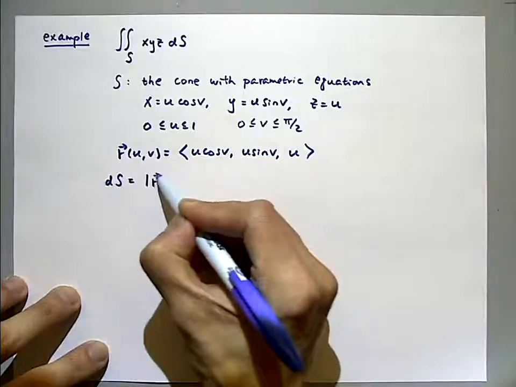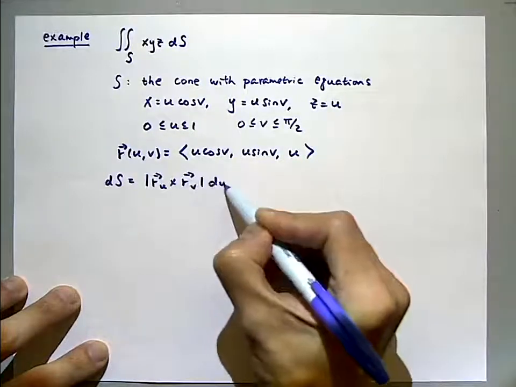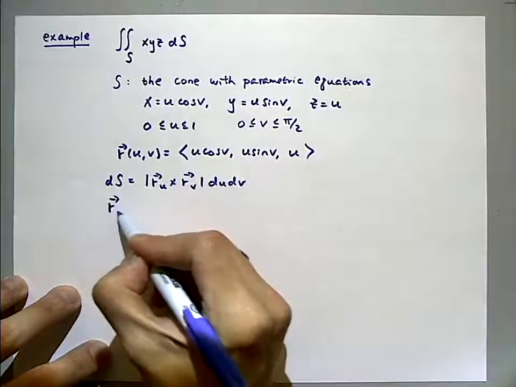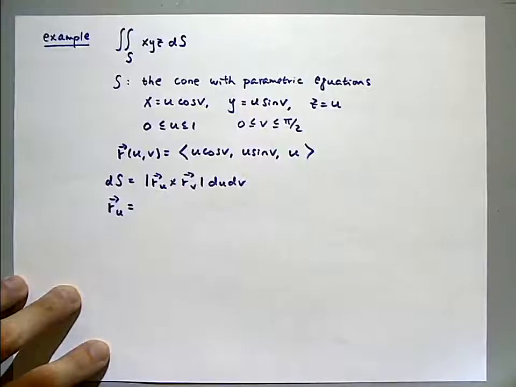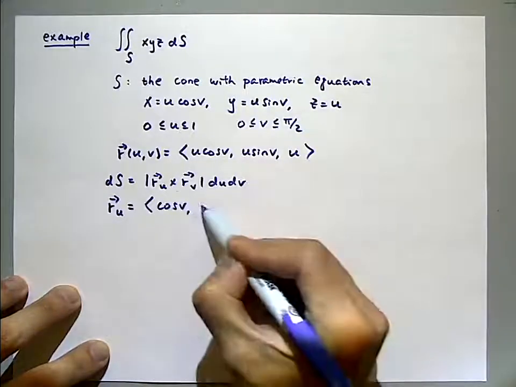And the key piece here is just the same thing we saw last time. We've got to find our two vectors, R_u and R_v. And we can do this very easily.